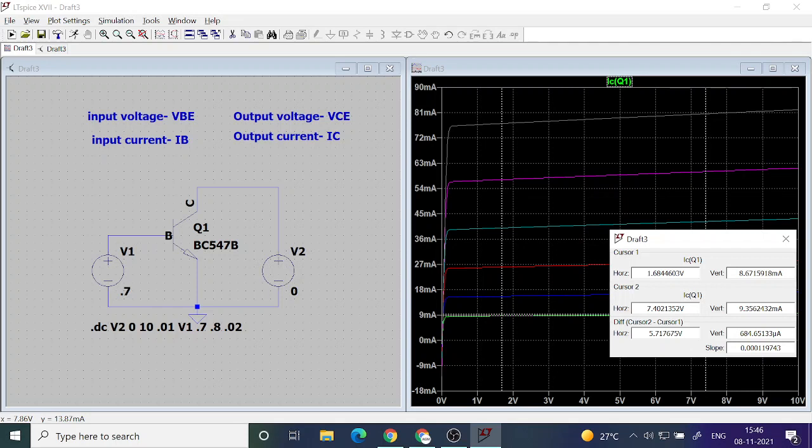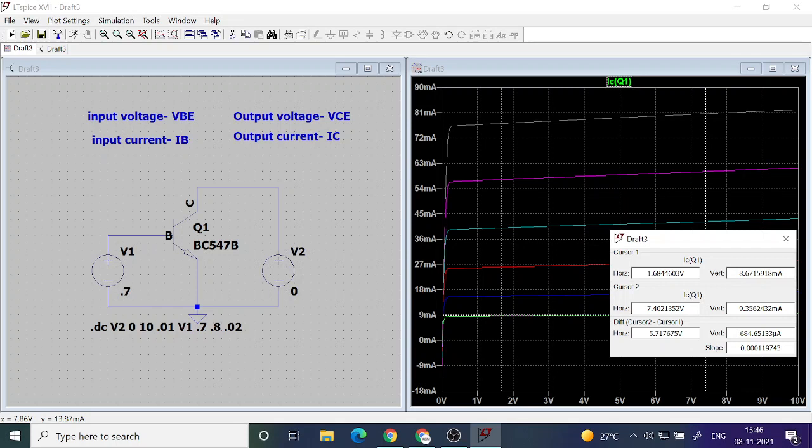So if you take the ratio delta V by delta IC, that is 5 divided by 0.6 milliampere. It's going to be large.